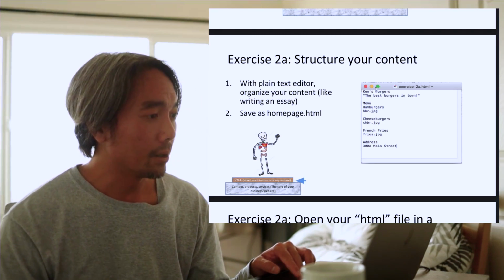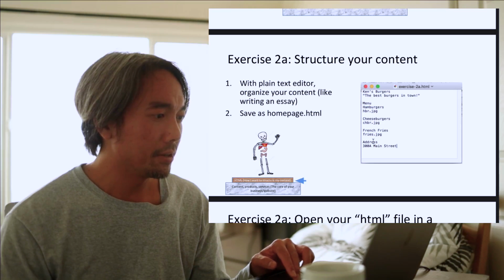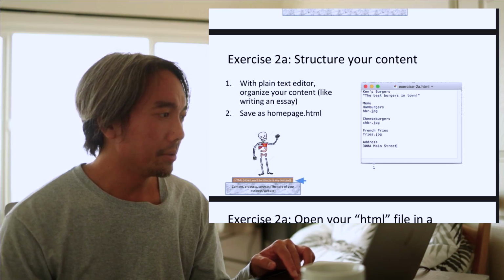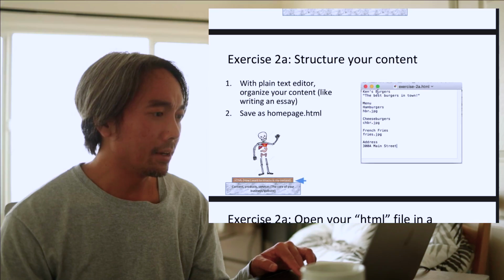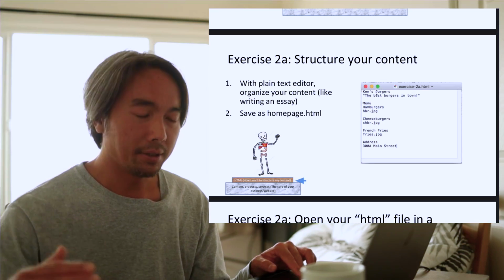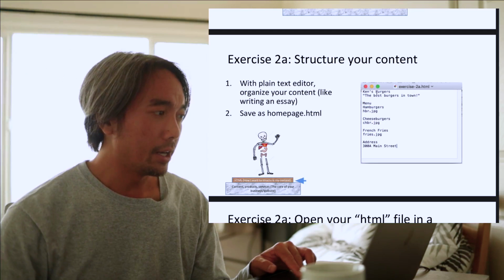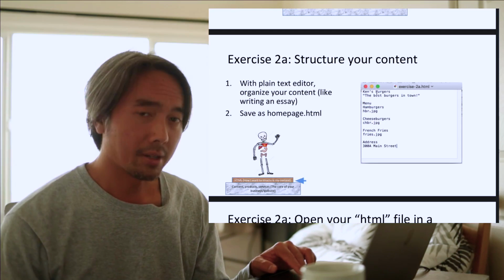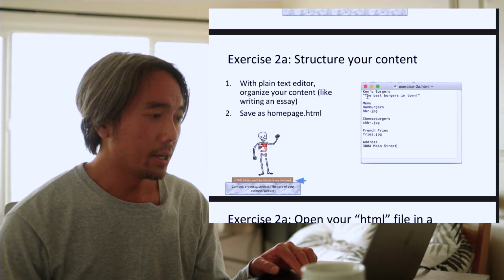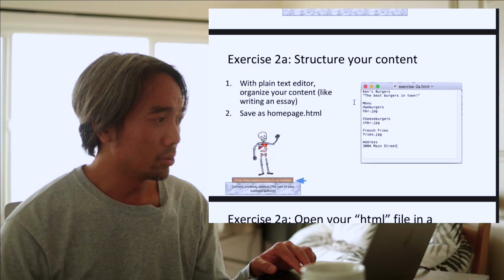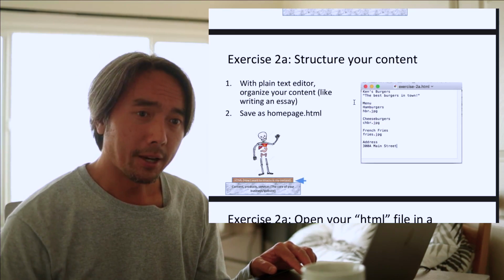So here, we're just going to plop down our content top down. No HTML yet. We're just going to plop our content from highest priority to lowest priority. That is one way I would recommend to start your HTML.